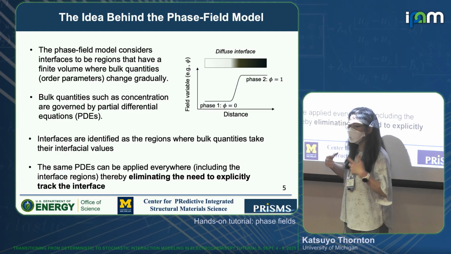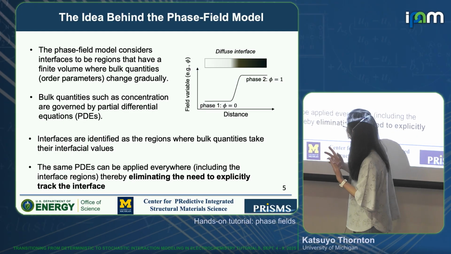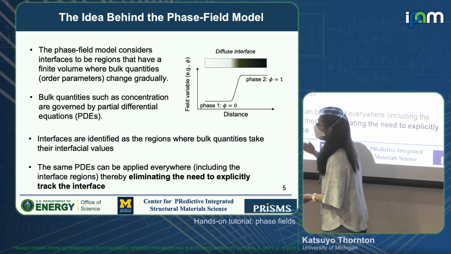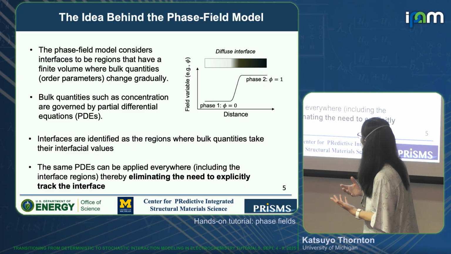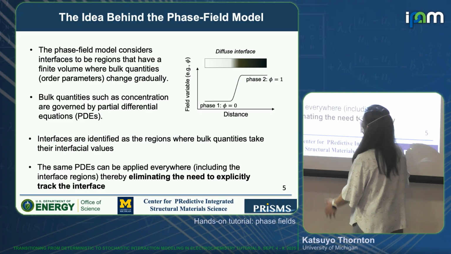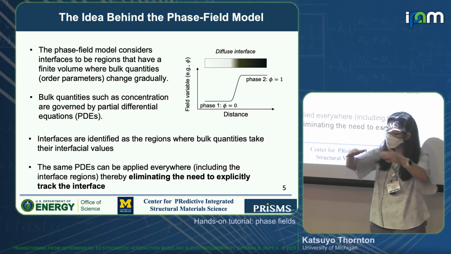But once you have that happy medium, you get a partial differential equation that describes the evolution of the system, and you can solve this equation everywhere in the volume.